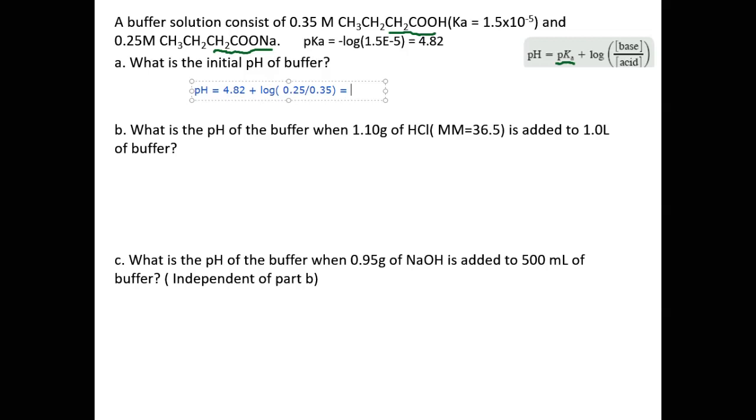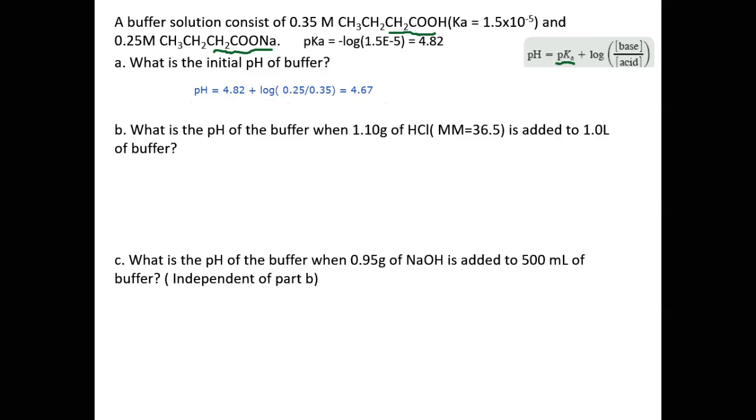And we get about 4.67. So that's the initial pH of this buffer. Next, we want to know what's the pH of the buffer after 1.1 grams of HCl is added to 1 liter of the buffer.